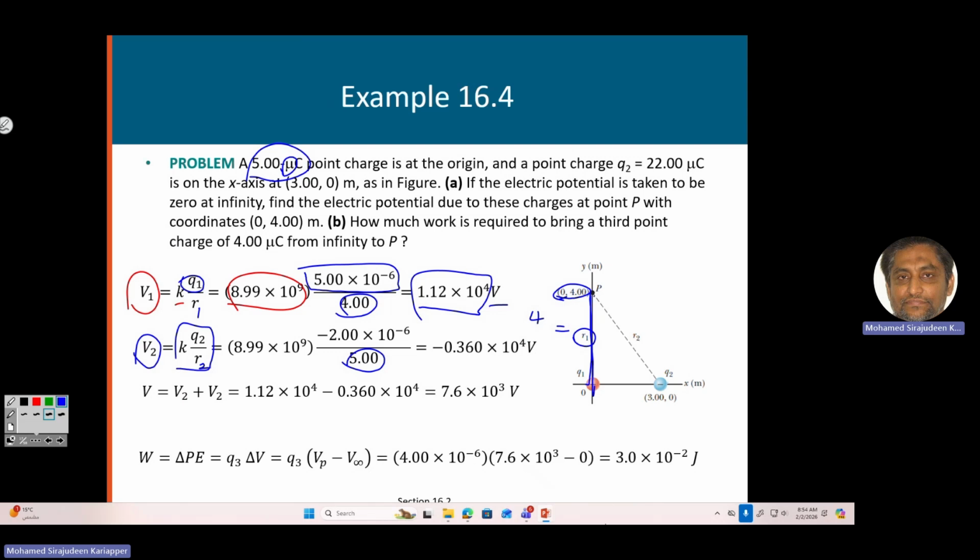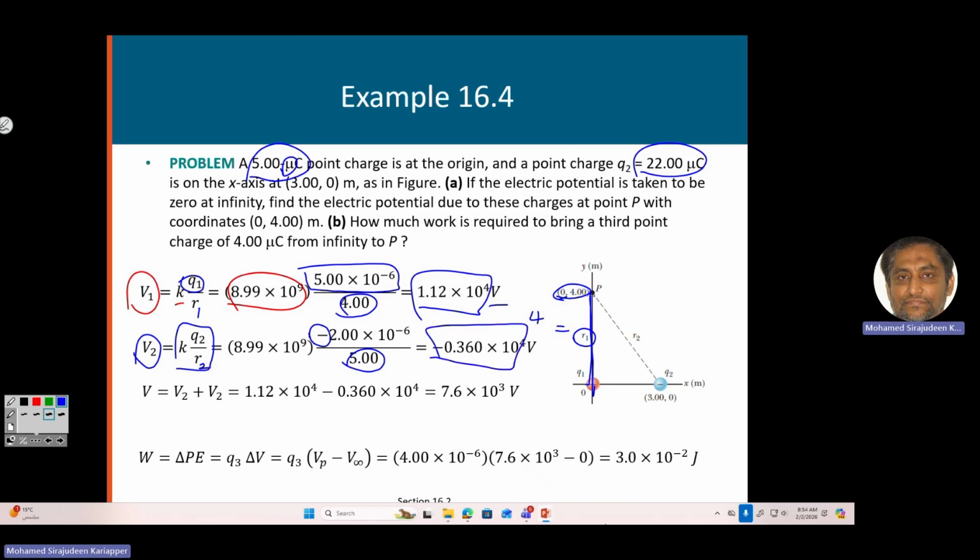So you should put the correct sign. Since Q2 is a negative charge, although the question gives the magnitude, here you can see it's a negative charge, so you should put negative. So you got the V2.